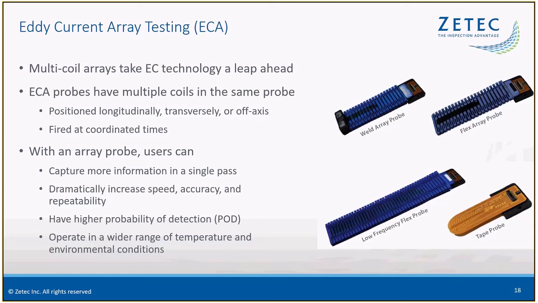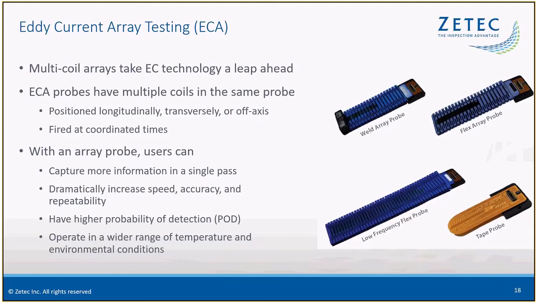Because the multiplexing of the signal across these coils is very fast, you're able to get fairly high scan speeds and know that you got full coverage across that area. What this ends up doing is creating essentially a 3D image of that area and what's going on both on the surface and in the material subsurface.